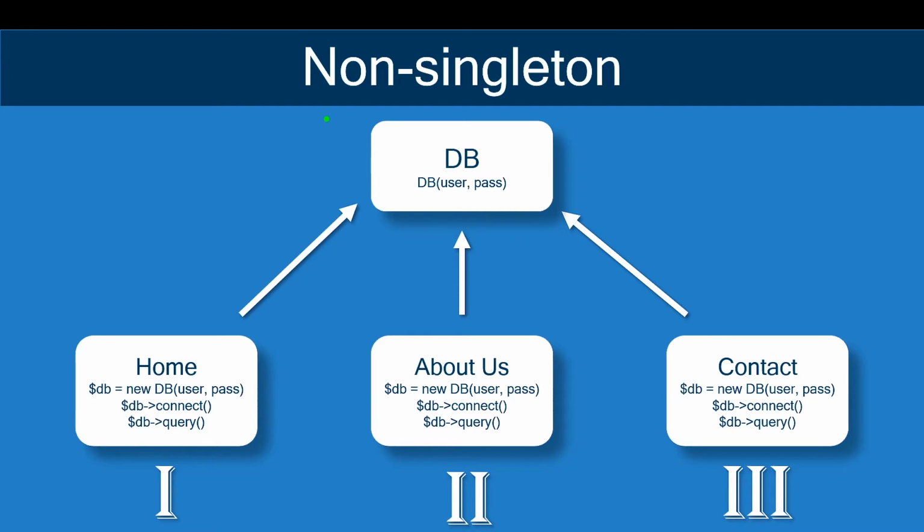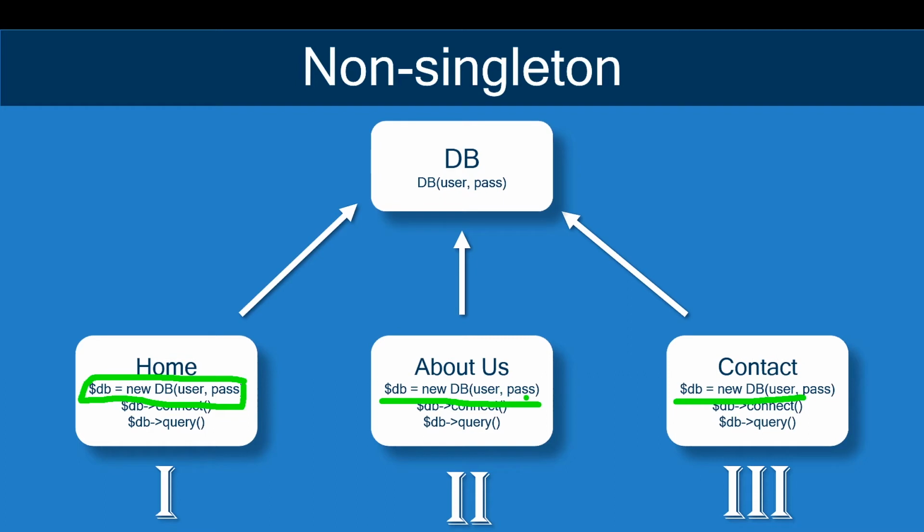So the non-Singleton approach makes it possible for us to create multiple times one resource that should exist only once, so that we can suddenly get multiple instances of that one object, and that is something we don't want in the case of the database. The reason is that we are allowing a new database object to be created in multiple places. And if you suddenly get multiple people working on the project, you don't have control over what they can do with this object.